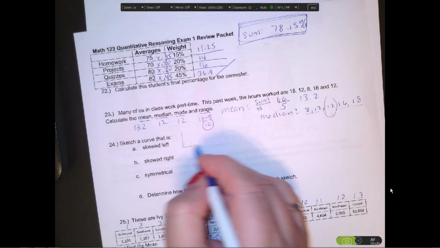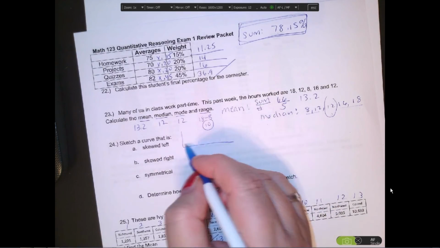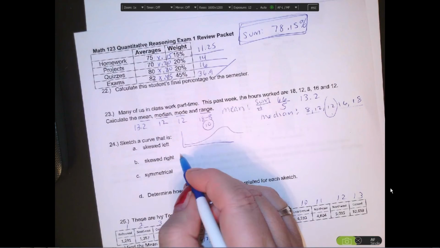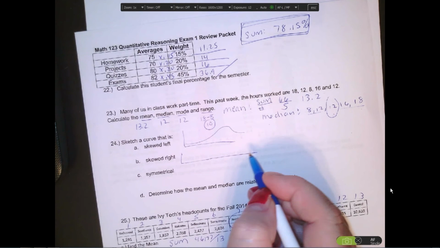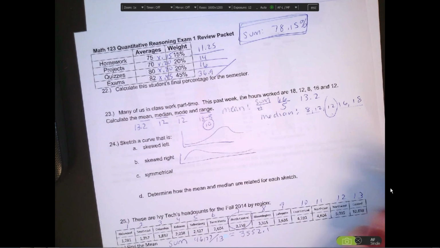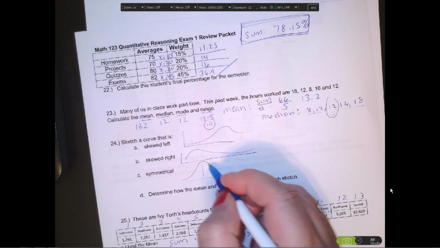Sketch a curve that is skewed to the left. That means the tail is to the left. So there's one there. Skewed to the right means the tail's to the right. Something like that. And symmetrical is symmetrical.